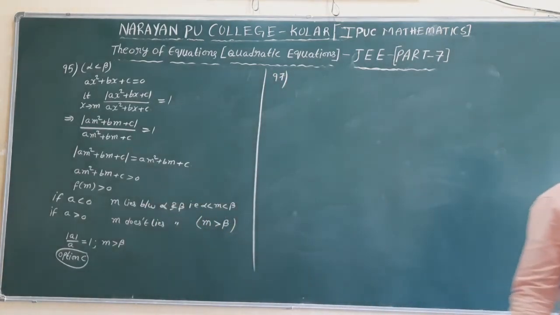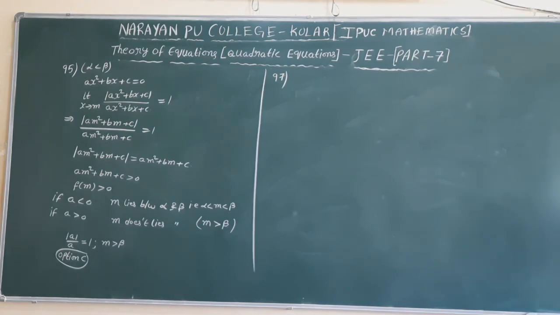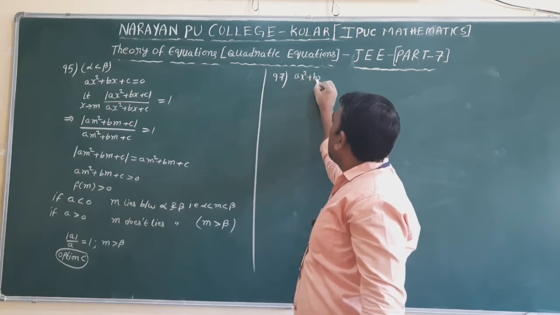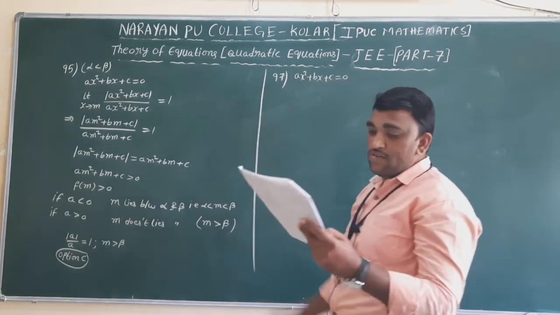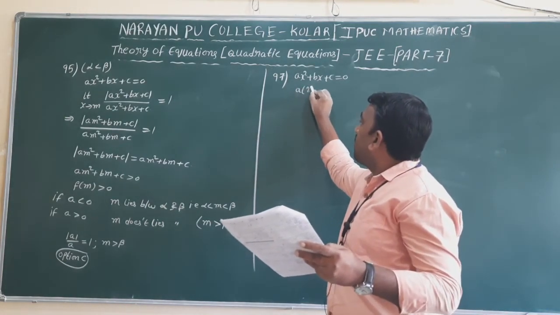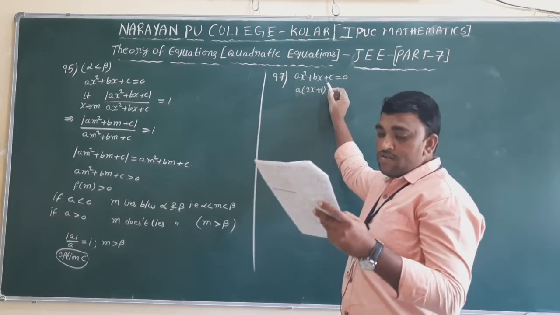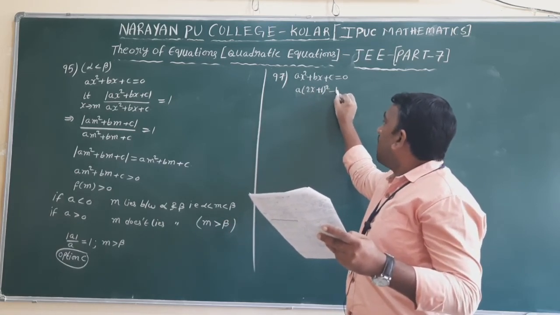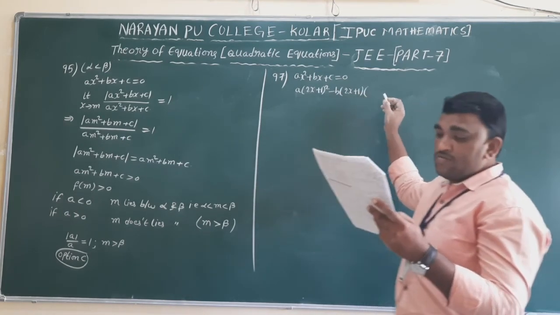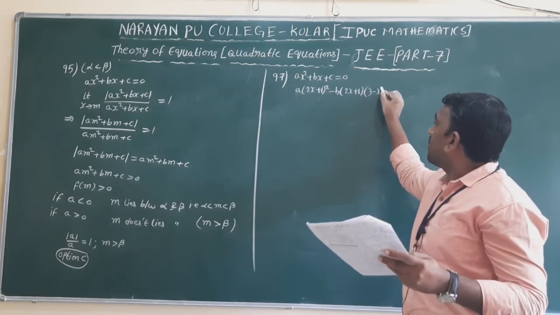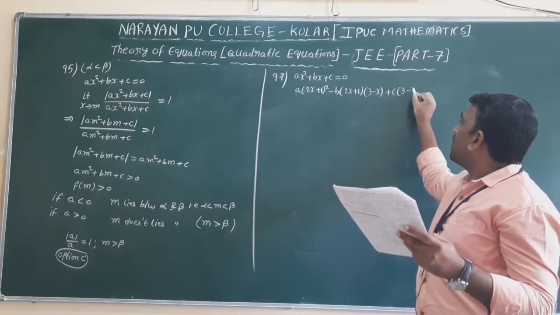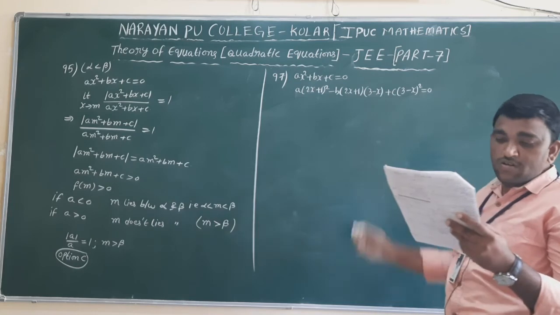If alpha and beta are the roots of the quadratic equation ax square plus bx plus c equal to 0, then what are the roots of the equation a into 2x plus 1 whole square minus b into 2x plus 1 into 3 minus x plus c into 3 minus x whole square equal to 0?